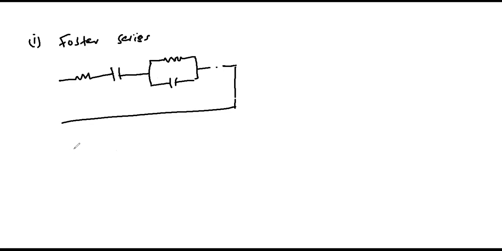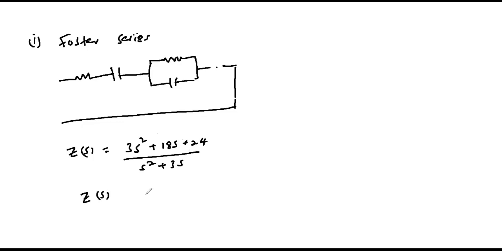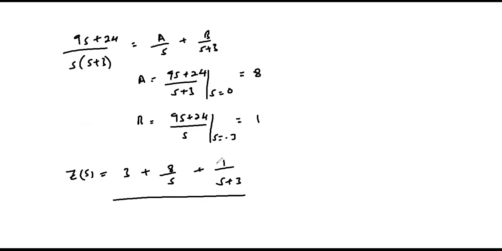Our transfer function was given as Z of s is (3s squared plus 18s plus 24) divided by (s squared plus 3s), which we have tested. And in our process of testing, we wrote this in partial fraction form as 3 plus 8 over s plus 1 over s plus 3.